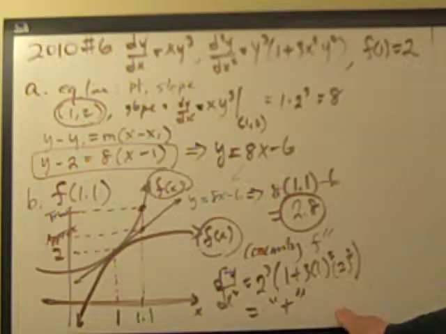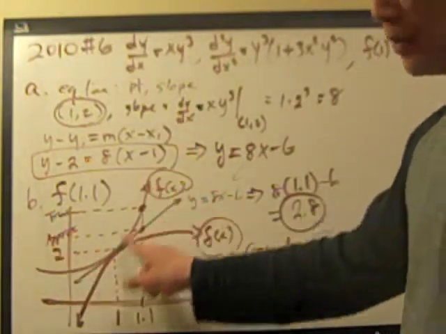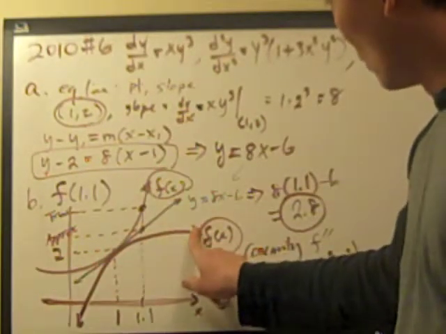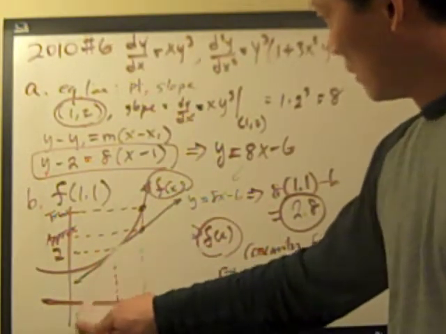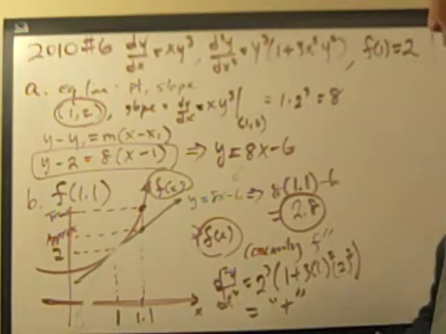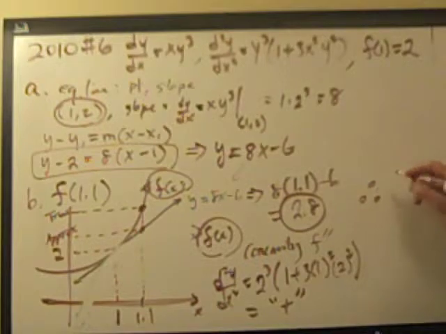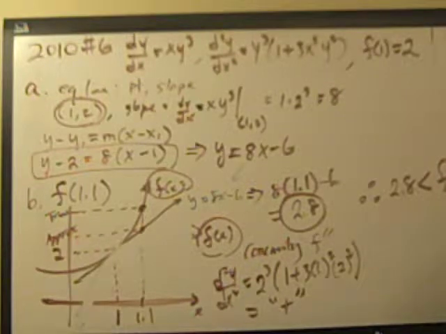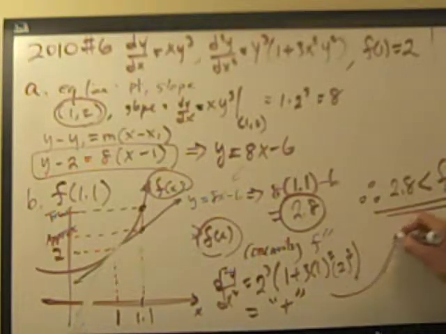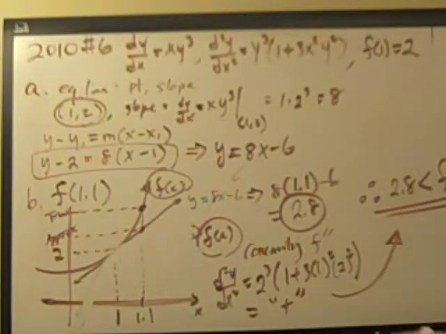Now, if it's positive, that means this graph is the actual graph, and this one is not. Then I can say 2.8 is less than the true f of 1.1 because of the concavity, and this is my reason.